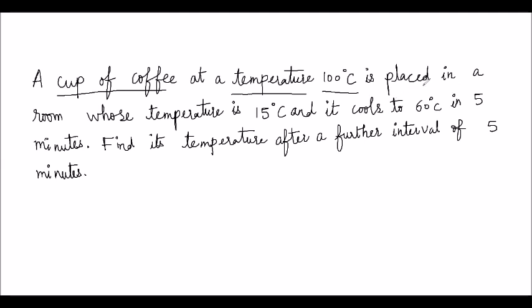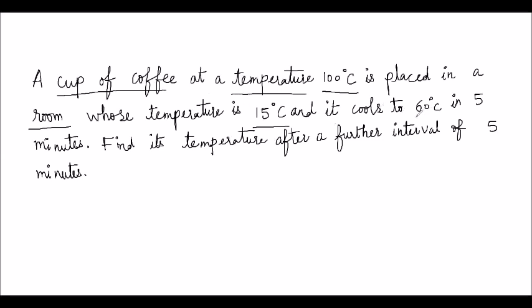Now what we are seeing next, that this cup of coffee is placed in a room whose temperature is 15 degrees centigrade. Means this cup has been kept in a room whose room temperature is 15 degrees centigrade. Means this 15 degrees centigrade is the temperature of the surrounding medium.